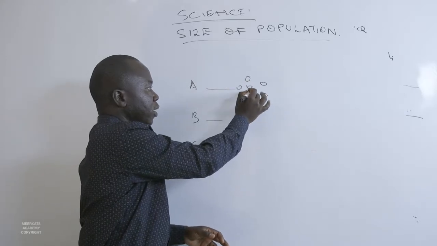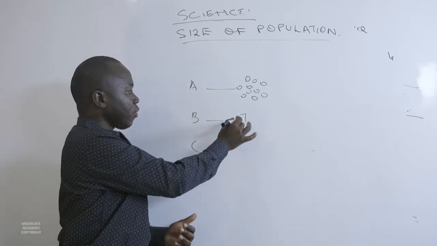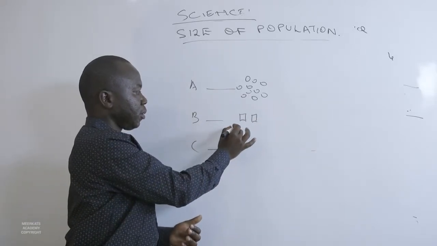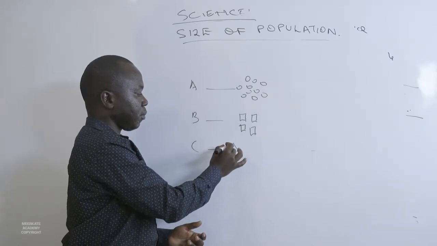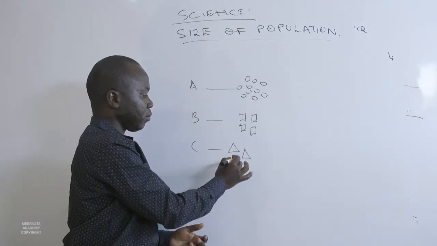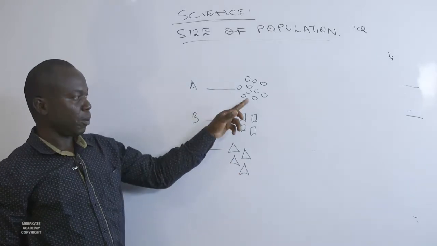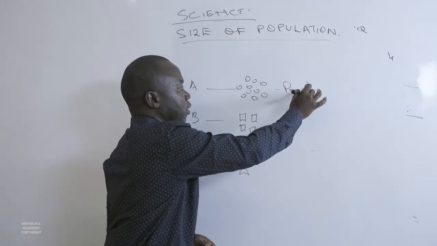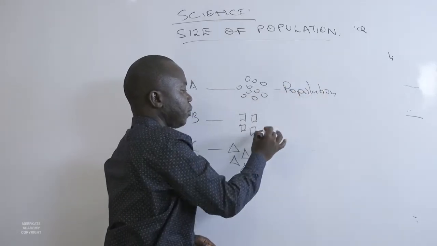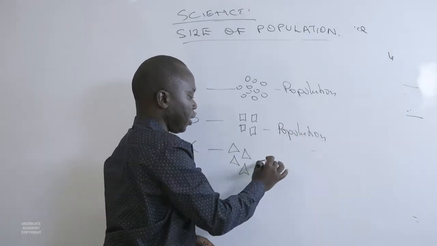So if we have members of the same species A or of the same species B occupying a given ecosystem or a given habitat, then we call this a population.